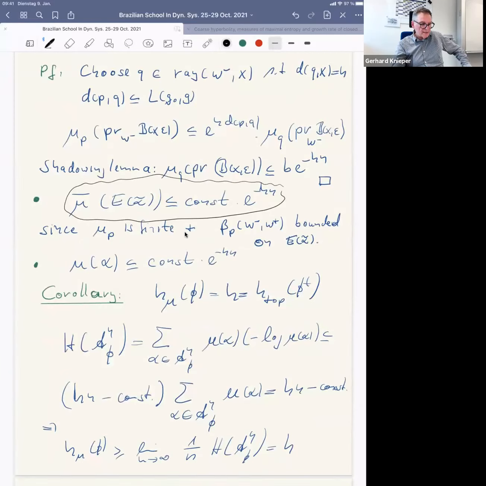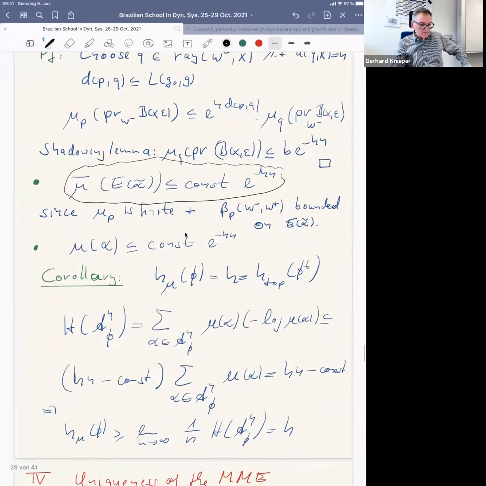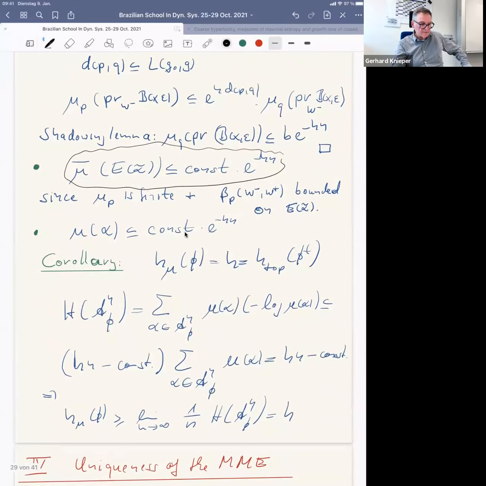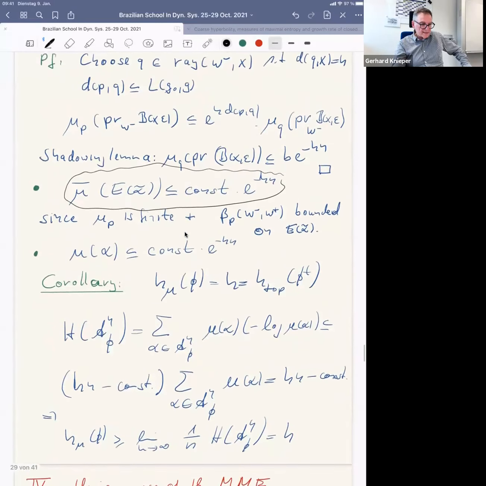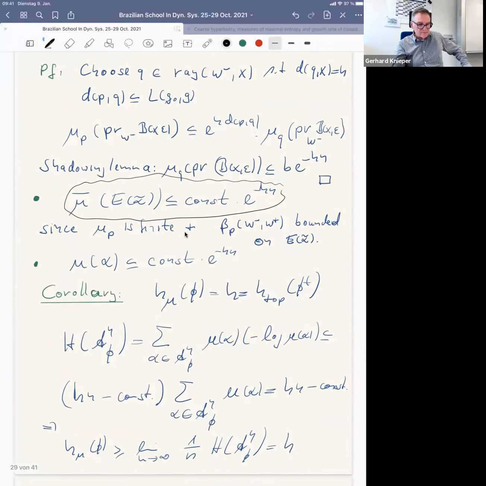So mu alpha is less than a constant times e to the minus hn. That follows from the definition of this measure. So what you have is that the iterated partition exponentially decays. So far clear? If not, then ask.